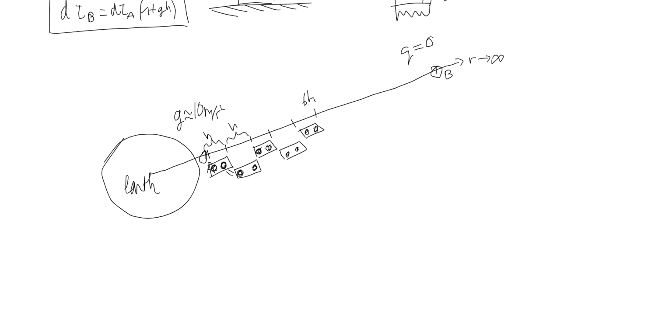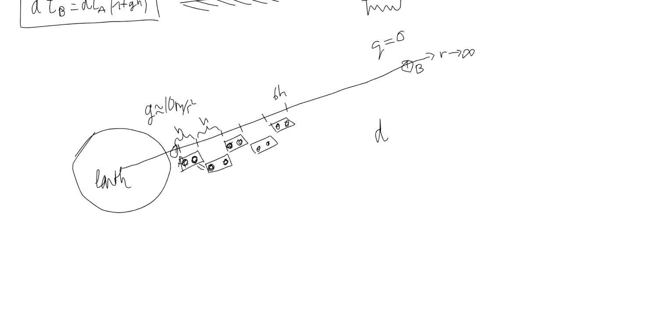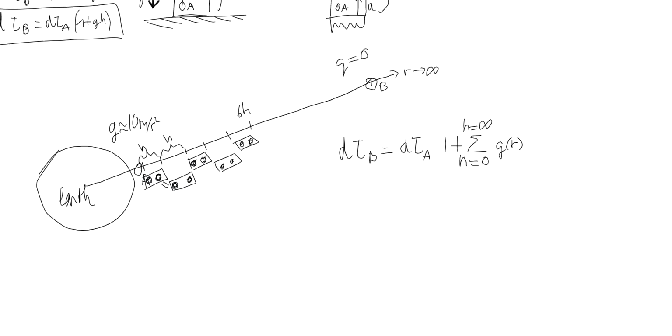which mathematically reads as d tau B equals d tau A times 1 plus the sum from h equals 0 to h equals infinity of g(r). Now I should call this h and r here the same. They label a radial distance.